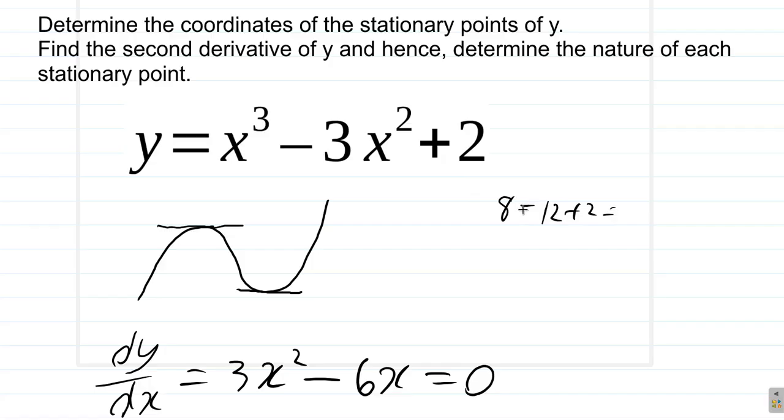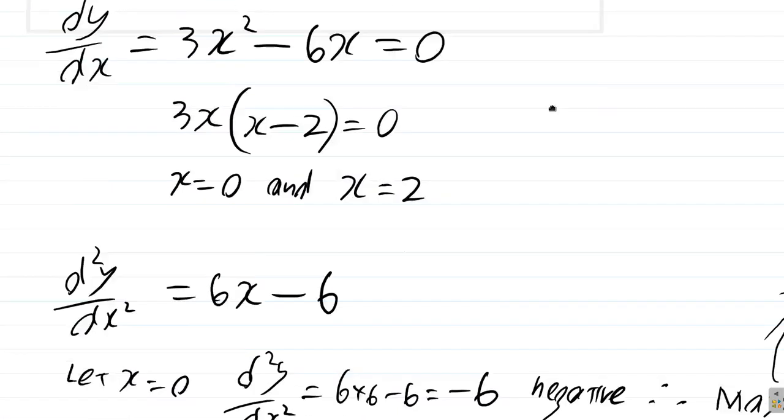So 8 minus 12 is negative 4, negative 4 plus 2 is negative 2. So y would be negative 2.